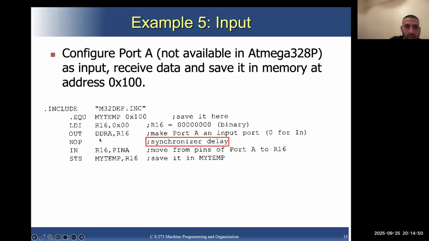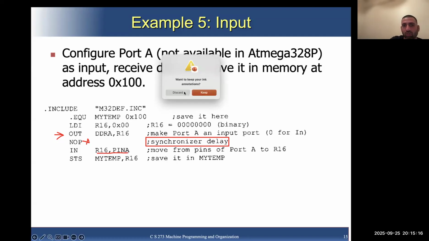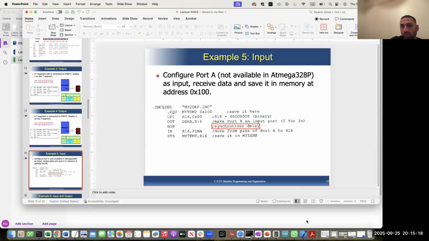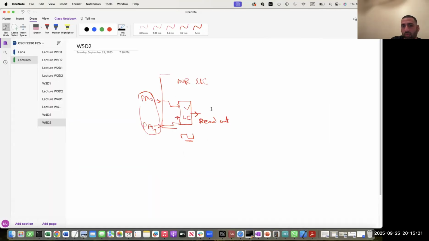So in this line you are configuring the pin in input mode, and if you don't wait and directly ask for the data available on pin A, then whatever older data you had on the output of that latching circuitry will be made available to you here.